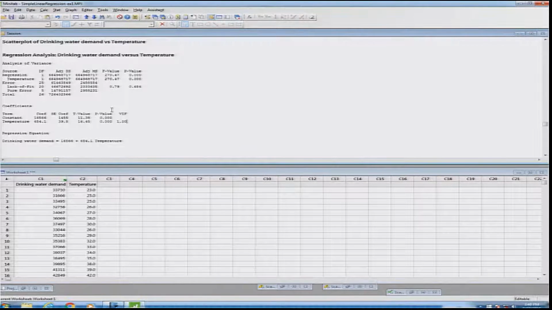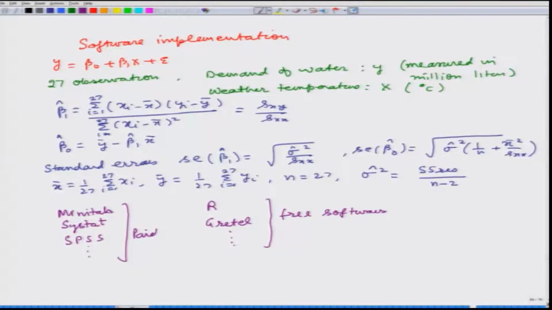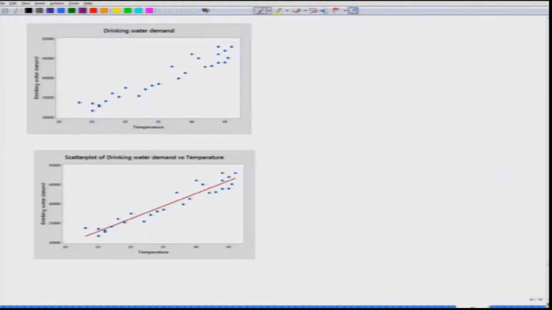So what we try to do here, let me copy this statistical outcome and these two graphics so that we can understand them in more detail. I already have copied these things here. Now first let us understand this graphic.